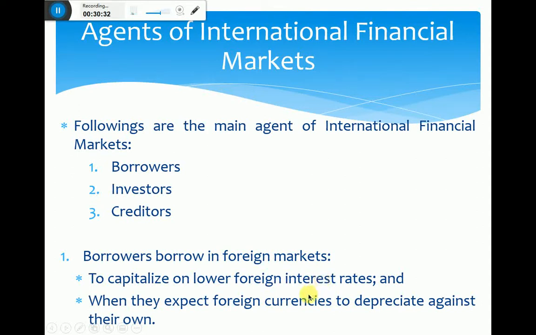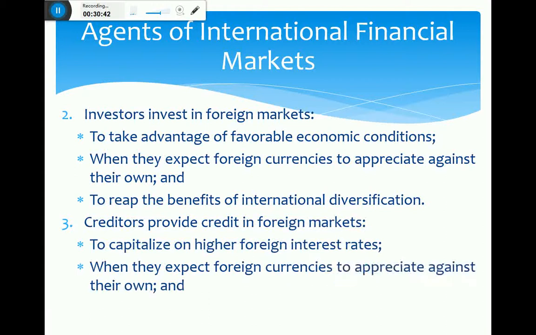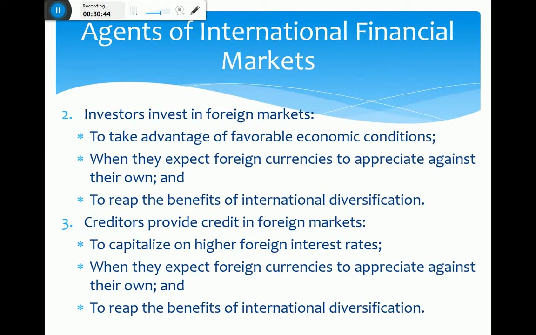And also, the borrowers invest when the currency depreciates, but the investors and creditors invest when the currency appreciates, right? And they all also get the benefit of international diversification through participation in the international financial markets.